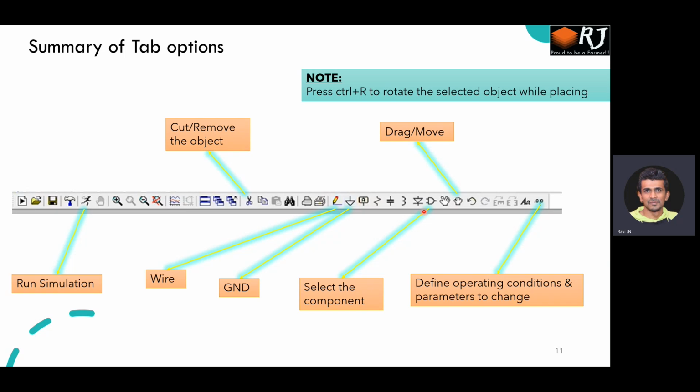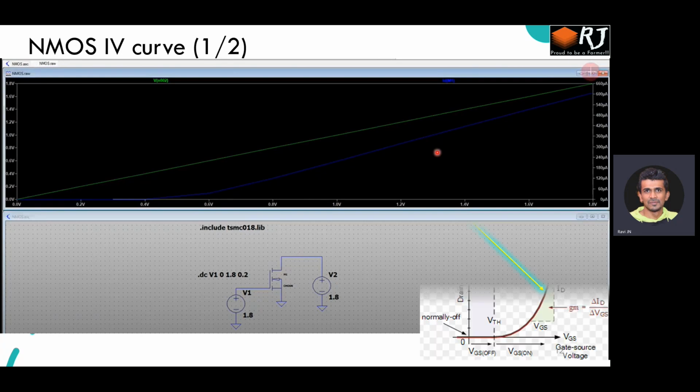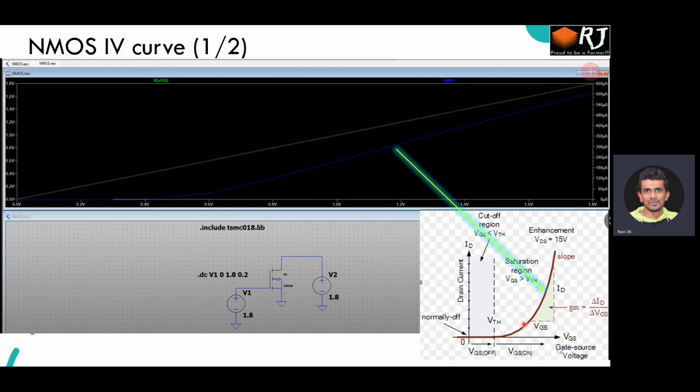Here is an example that I have. Here I just plotted the VGS versus ID curve for my NMOS, and it looks something like this. And this is what we were expecting. This is similar to the normal graphs that we would expect in any NMOS technology, not only in 180 nanometer.